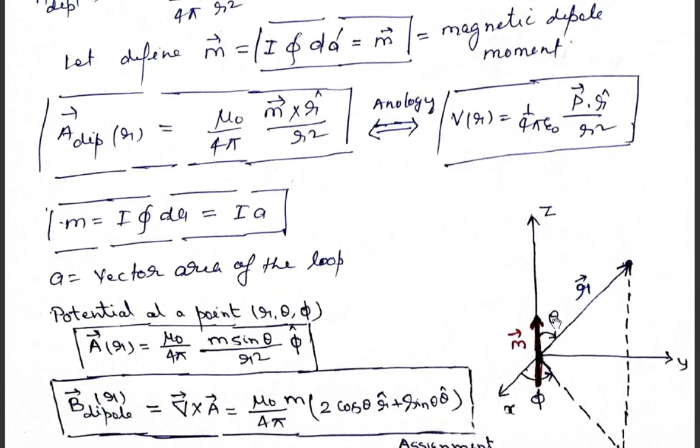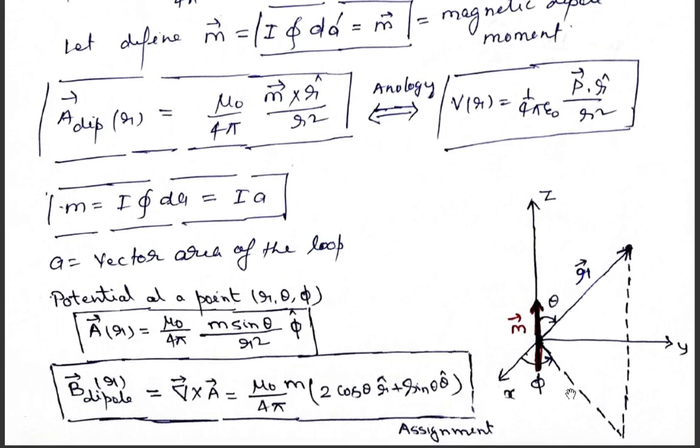So we can write this magnetic vector potential in terms of spherical polar coordinates, the potential at a point r theta phi. Let us say this is the x coordinate, this is the y coordinate, and this is the z coordinate. The magnetic dipole is pointing along the z direction.